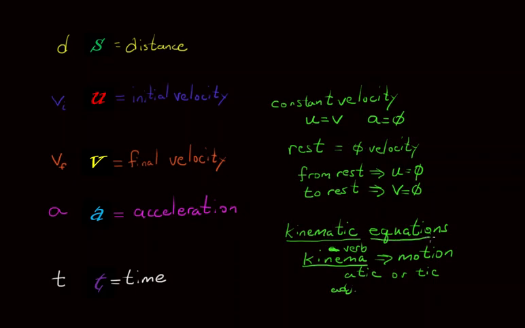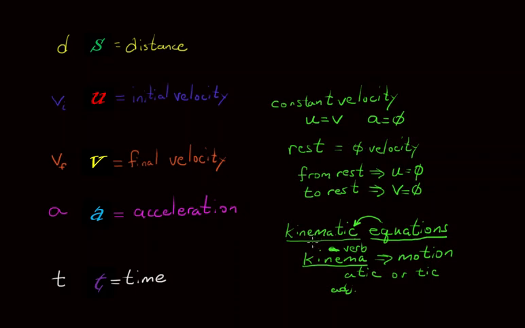So equations is a noun, and kinematic is the adjective describing these equations. These equations are about motion. That's really all there is to what this word means. Whenever you see kinematic, think of motion.